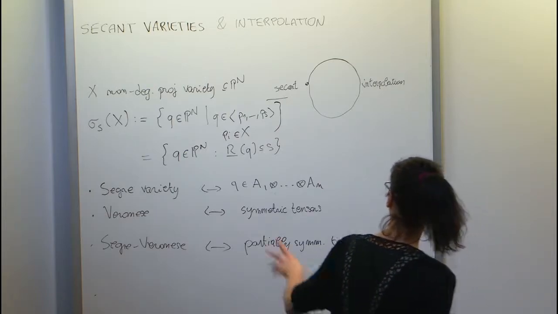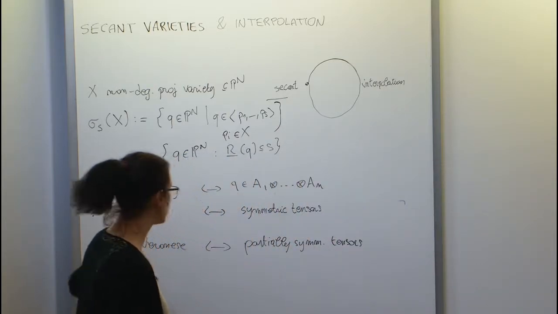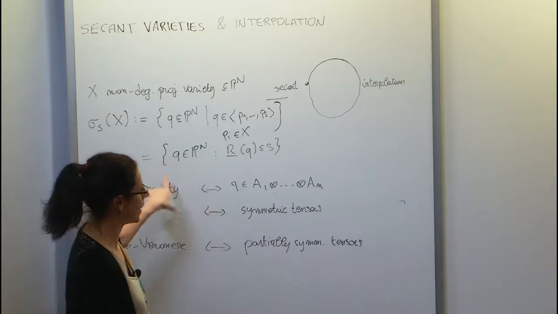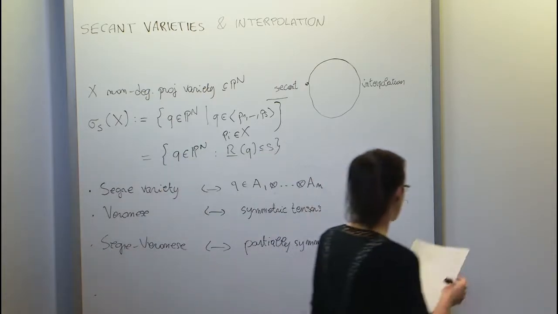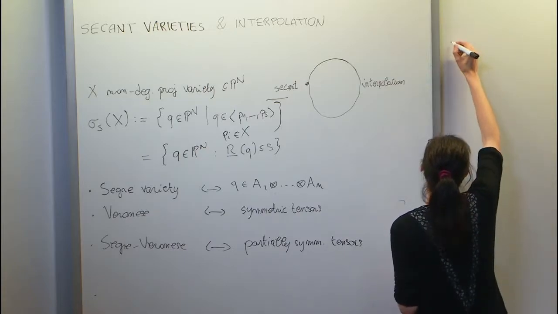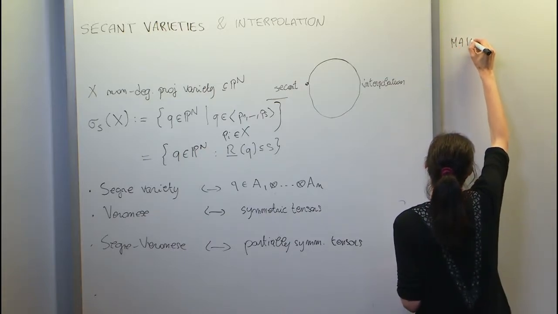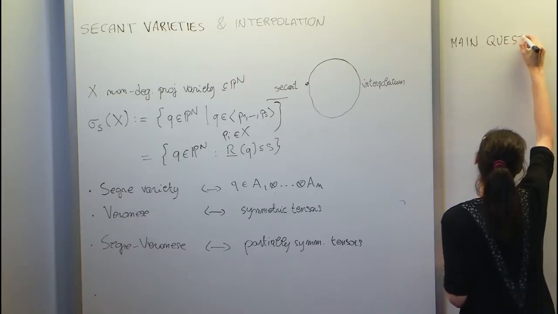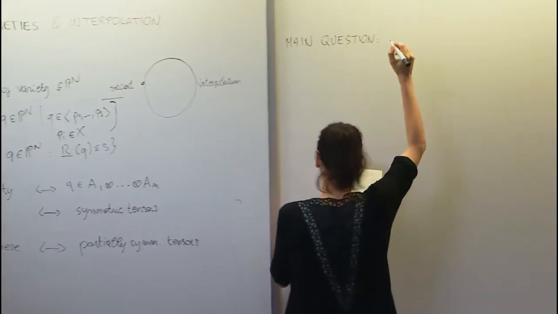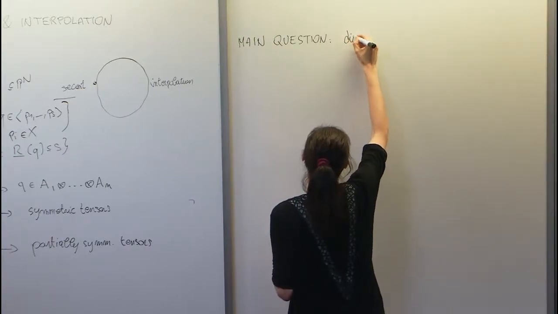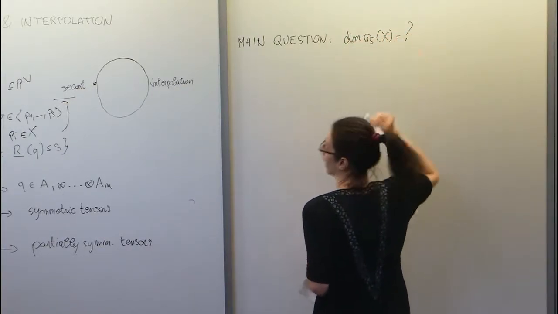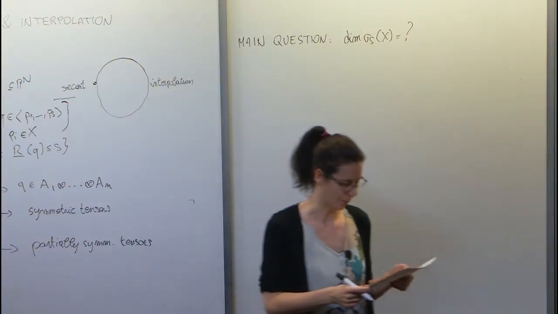And the main question that we are going to address is to compute the dimension of the secant variety to this kind of projective varieties. So the main question that we are going to discuss is computing the dimension of sigma_S of X, where X is in this list.